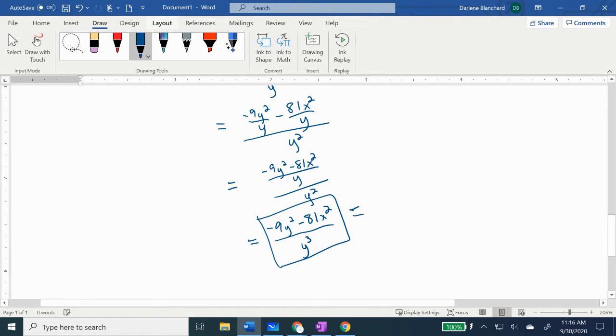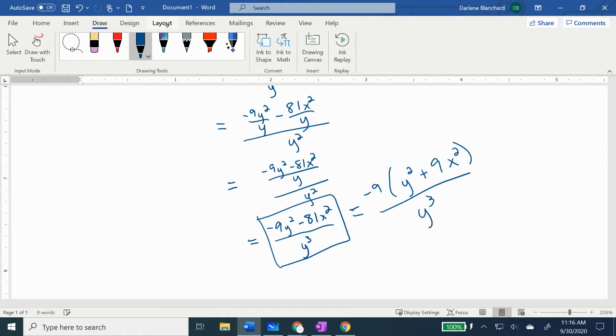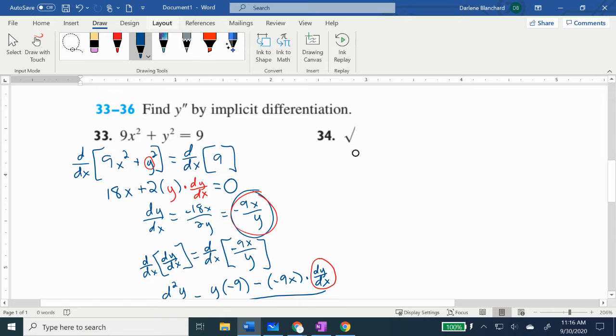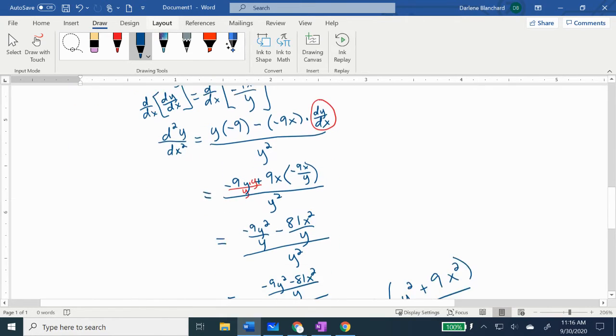So I'm going to distribute a negative 9 out, and that's going to leave me with y squared plus 9x squared. And then I'm going to go back to the original equation and look at the fact that 9x squared plus y squared is equal to 9.